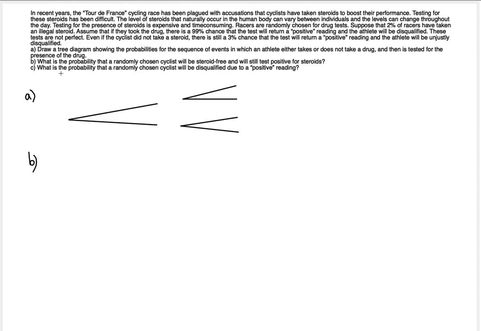So the first part is to draw a tree diagram showing the probabilities for the sequence of events in which an athlete either takes or does not take a drug, and then is tested for the presence of the drug. So always, as you know, the tree diagram starts from the starting point, which we can label as S. And first there are two ways to go: the probability of taking the drug and the probability of not taking the drug.